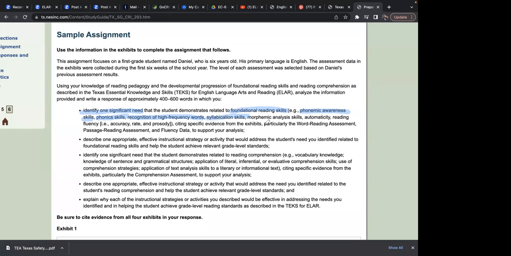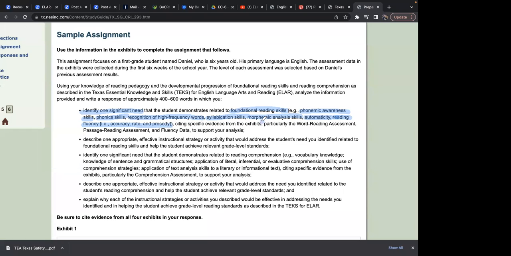Syllabication skills, morphemic analysis skills, automaticity. Automaticity is the ability to automatically know what a word is and not have to sound it out. And the more that our high frequency words become automatic, the less we stutter, the more fluent we get, the fewer pauses. Reading fluency, which is accuracy, rate, and prosody.